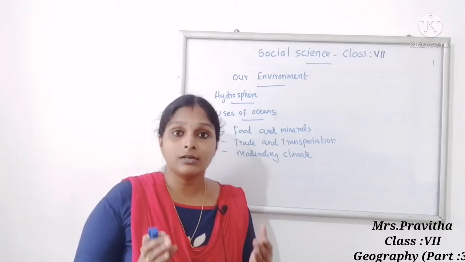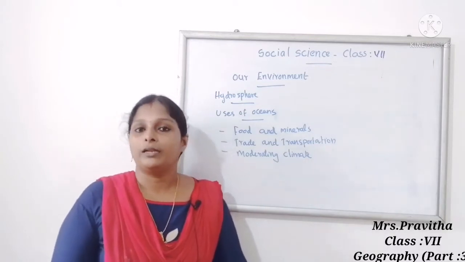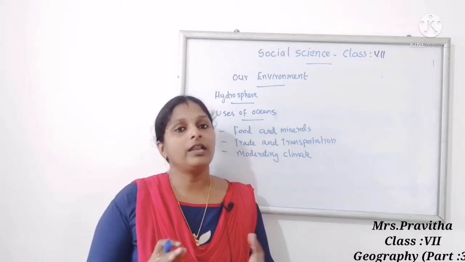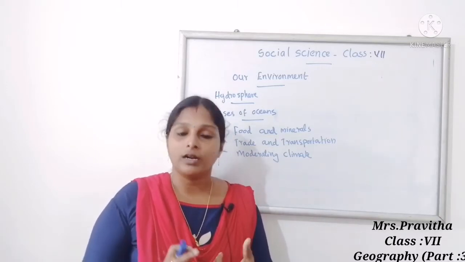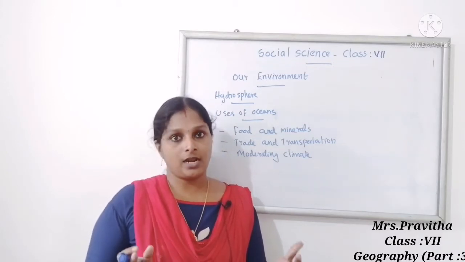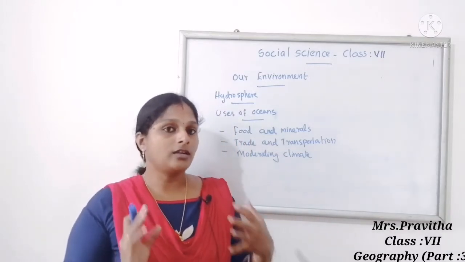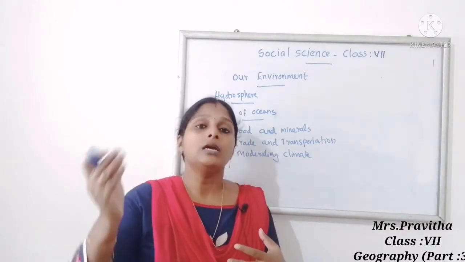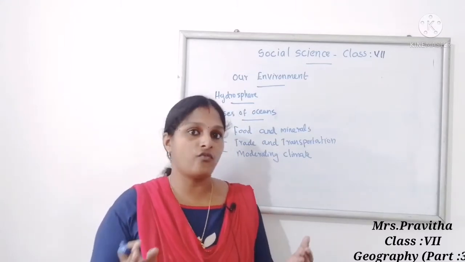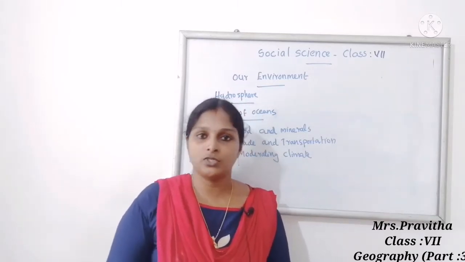In another way, due to the heat of the sun, water will evaporate from sea, ocean, river, ponds, etc. This evaporated water changes into water vapor, and this water vapor changes into cloud. Cloud condenses and falls on the earth in the form of rain or snowfall. This is known as precipitation. Precipitation in the liquid form is known as rain.